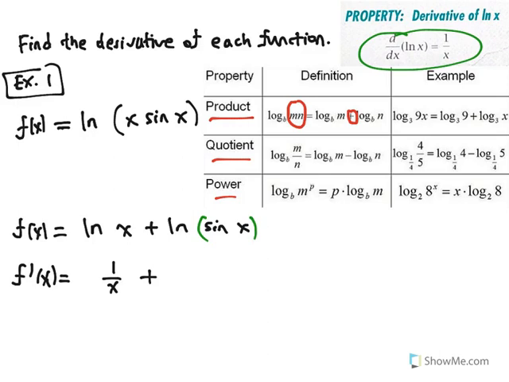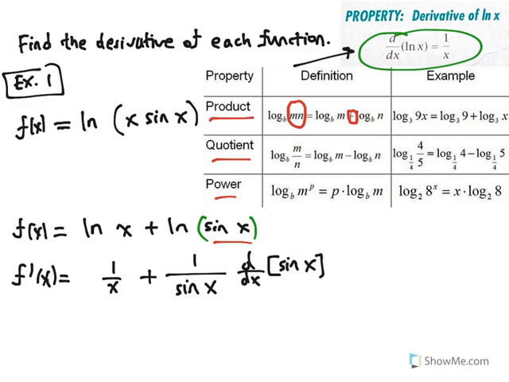Using this differentiation rule, we get 1 over the argument, which is sine x. This is the chain rule where the derivative of the outside function is evaluated at the inside function. And now we need to multiply by the derivative with respect to x of the inside function.